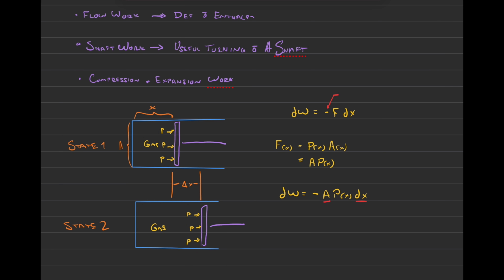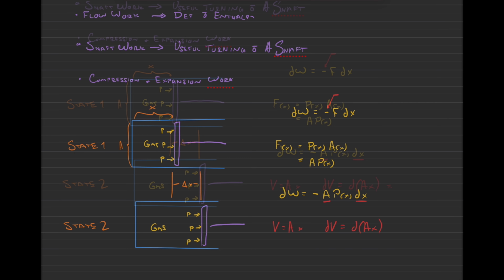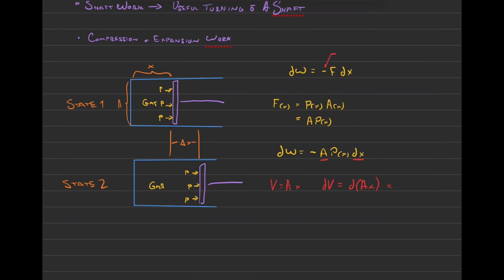So what is the volume of the control volume? Well, the volume of the control volume is going to be A x. So that's the volume at any point in time, it's A x, right? So what is the differential volume? Well, it happens to be the differential of the product, which is going to be A dx plus x dA.